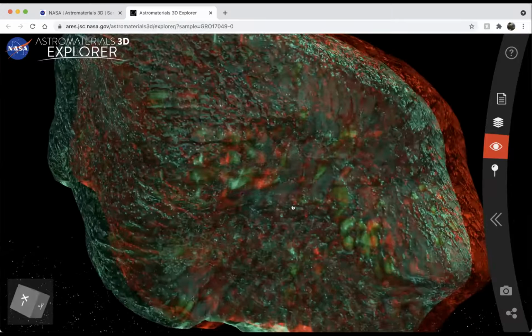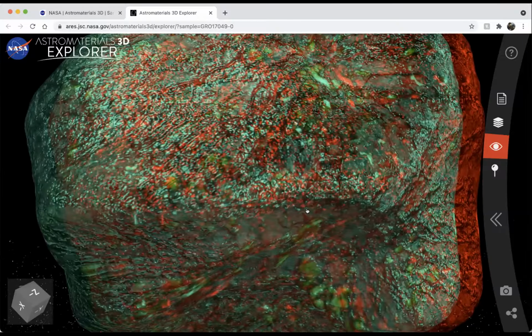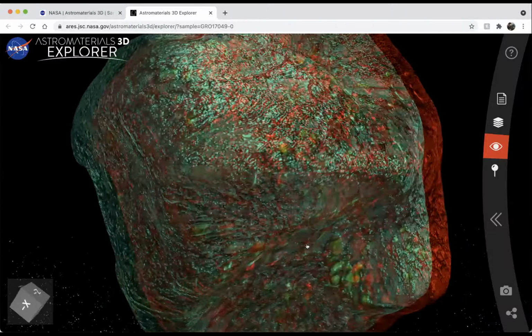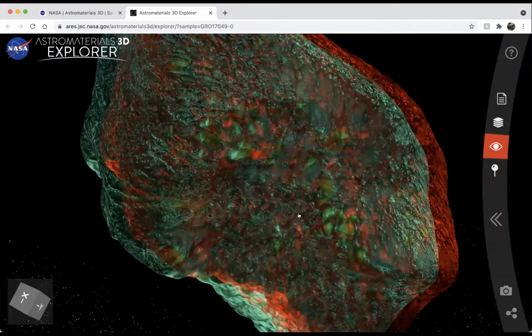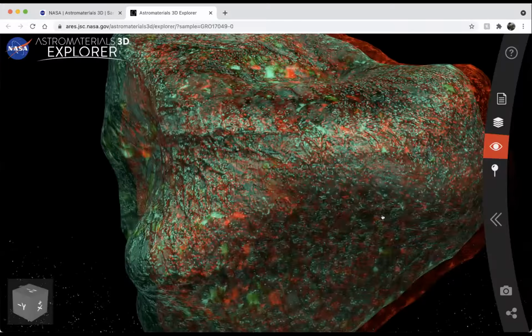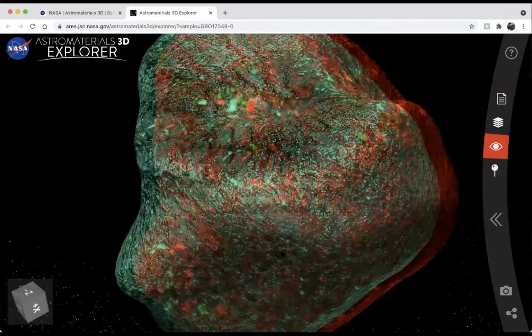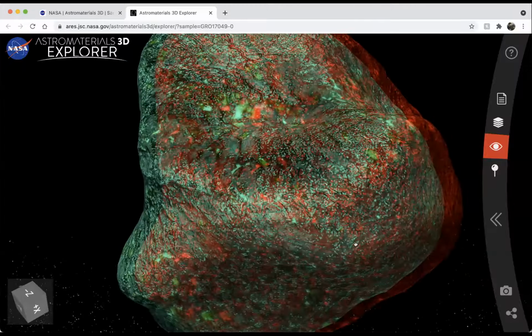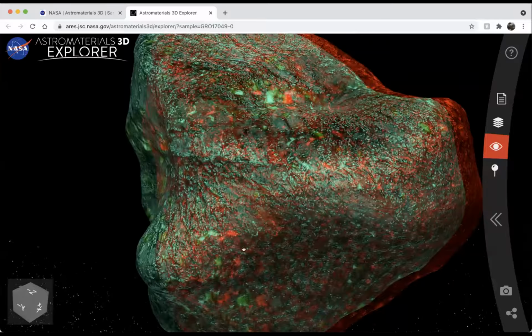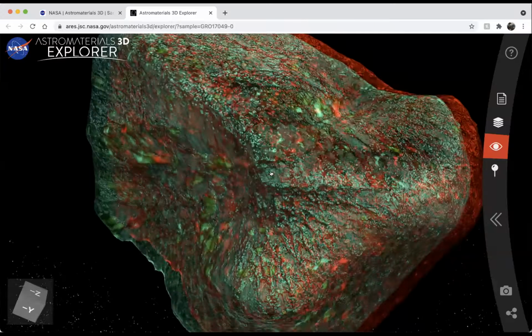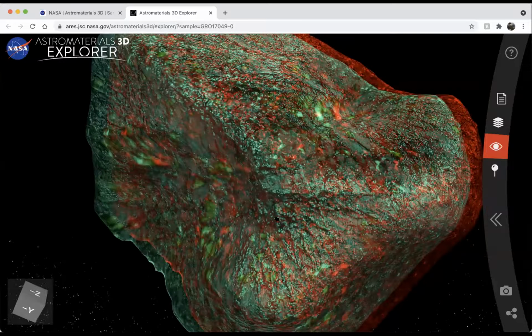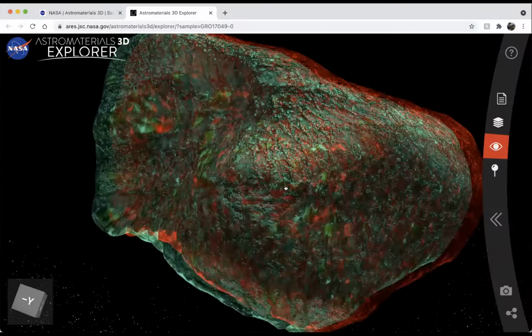And again, if you don't have glasses today, don't worry. If you can borrow a pair of glasses or maybe get a pair from someone you know who might have one, you can always come back here to see this in 3D again. And every rock has this capability, so you can look at all of them.